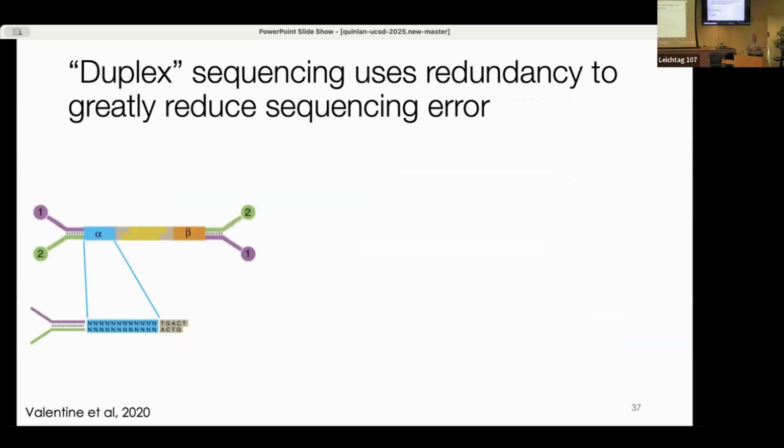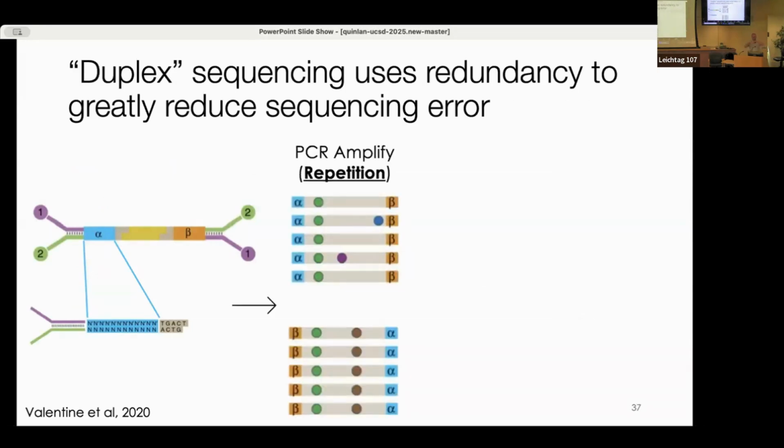The way to do this is to use barcodes to track each strand of a double-stranded molecule separately. You can then PCR amplify each strand so that you have redundancy. You can basically use a voting scheme. You can distinguish true mutations, such as this green one coming from the top strand, from PCR error or sequencing error, because the true mutations should be present on every copy.